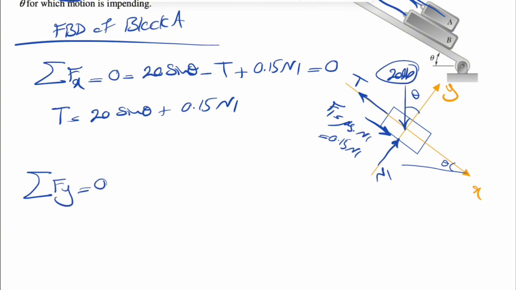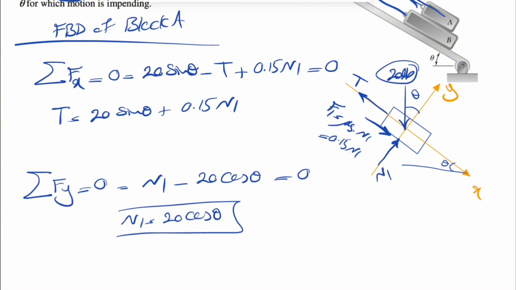Let's do the sum of all forces in Y. If we do that, we basically have N1 minus 20 cosine of theta, which is our Y component downward, equals 0. So our N1 is 20 cosine of theta. We can put this in the previous equation.